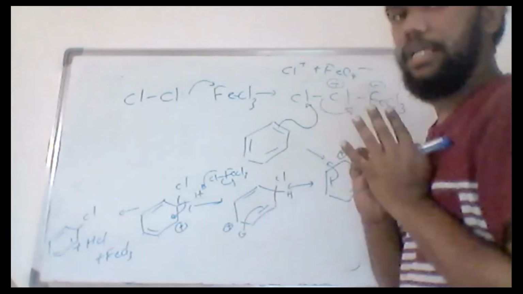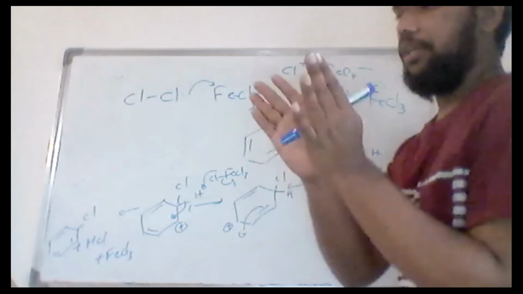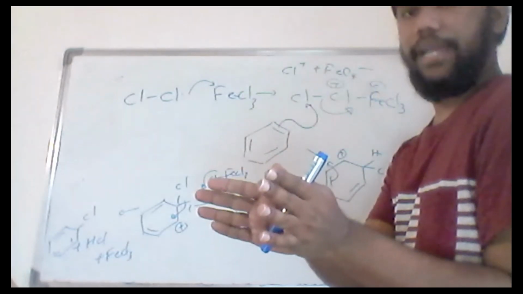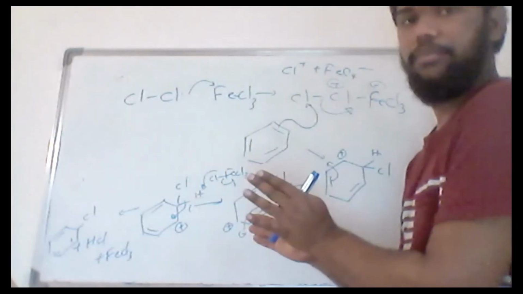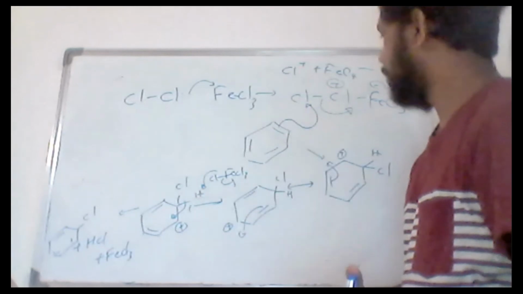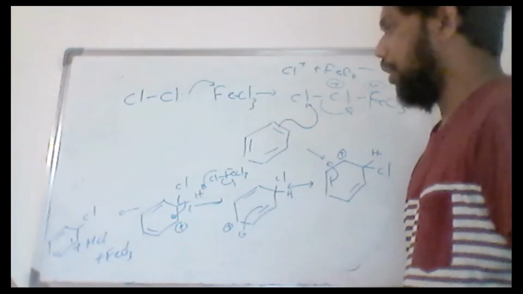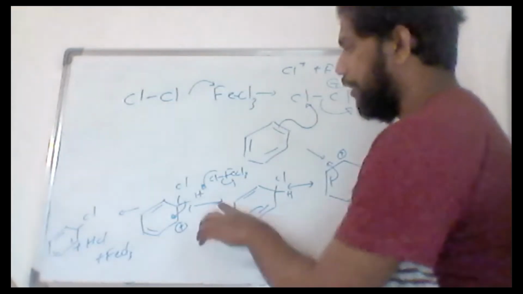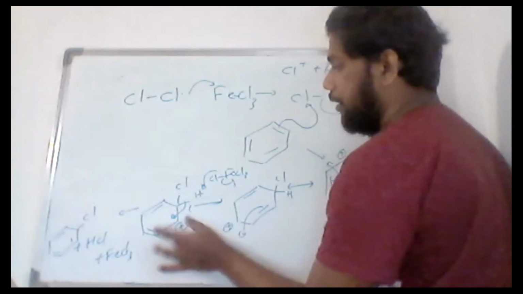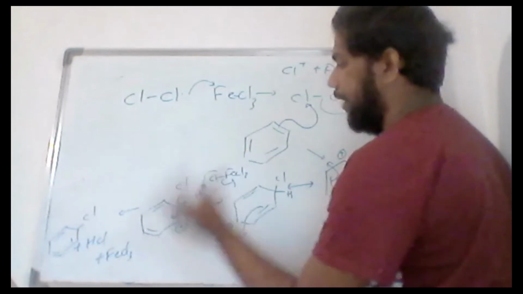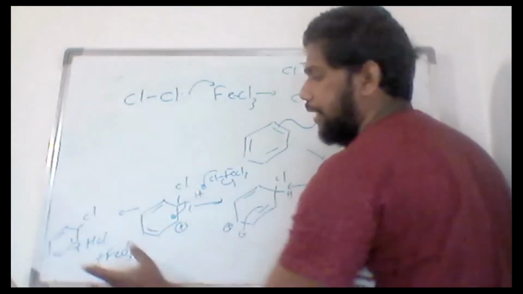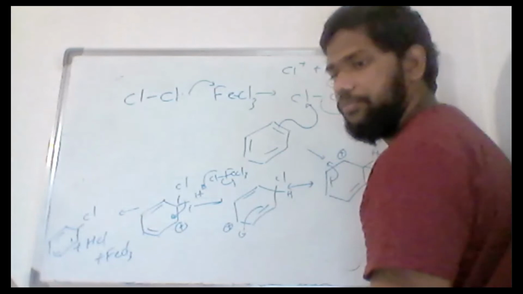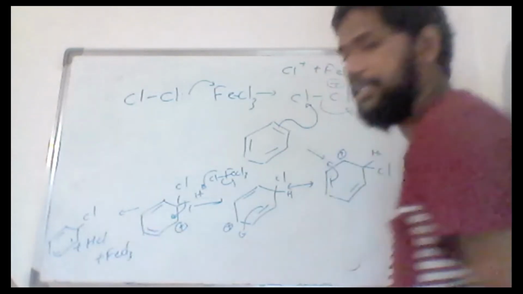Always, in each step, the number of species in the reactants and the number of species in the products should be same. Okay. For an example, in this reaction you might write, okay, this reaction happens and finally chlorobenzene and FeCl3 is formed, and you forgot to write HCl.